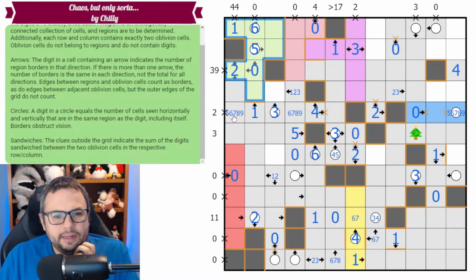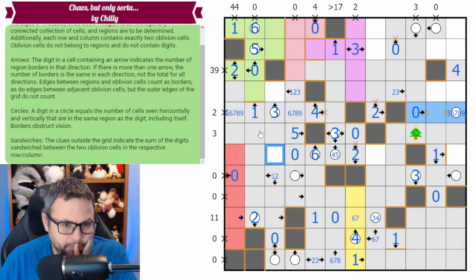So green gets 2 more cells, and one of them has to be a 3. So it's probably one of those 2 3s.